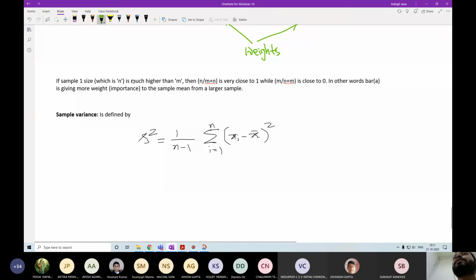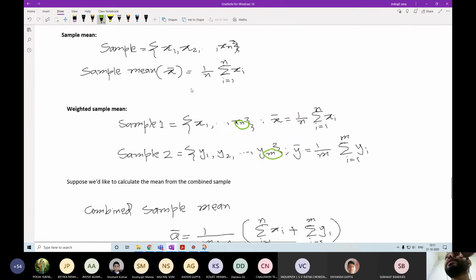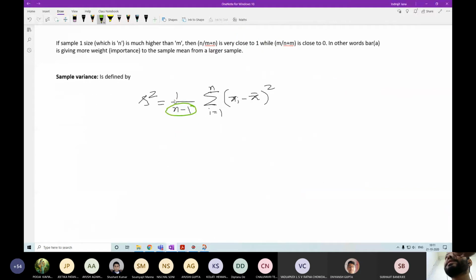One important thing I would like to highlight here: it is 1 over n minus 1, it's not 1 over n. For sample variance it is defined by 1 over n minus 1 and xi minus x bar whole square.